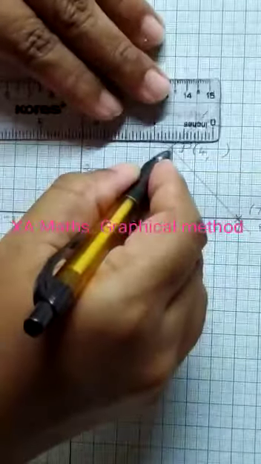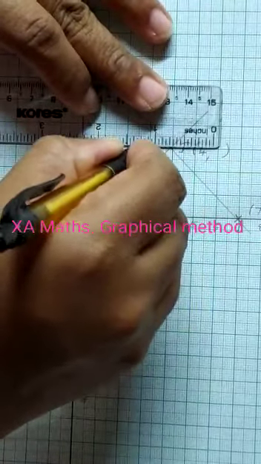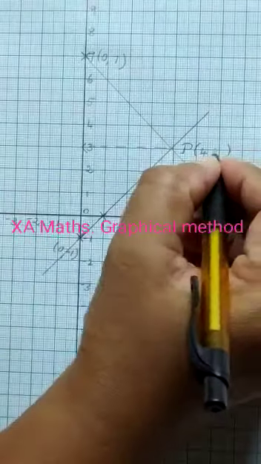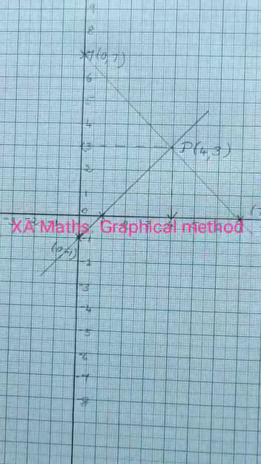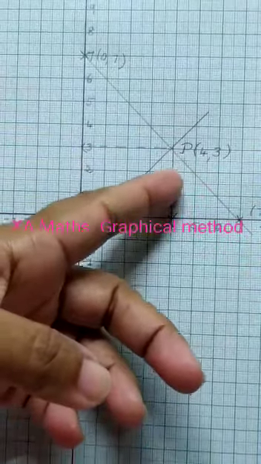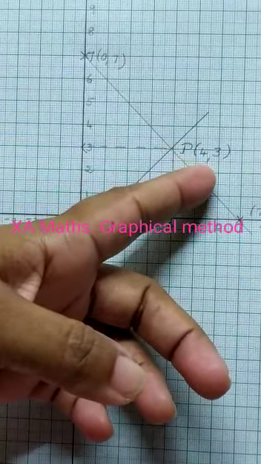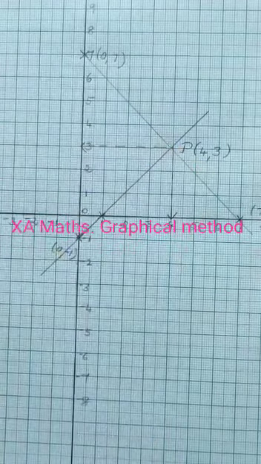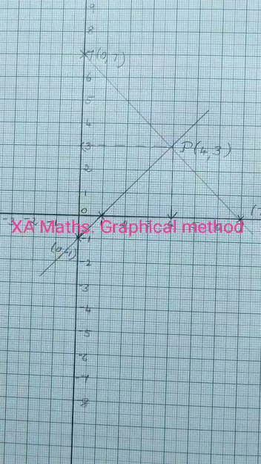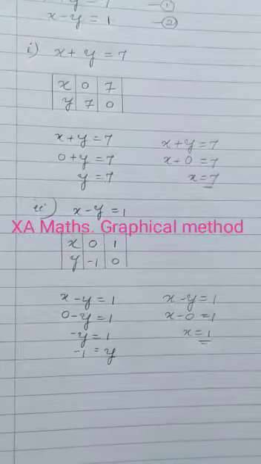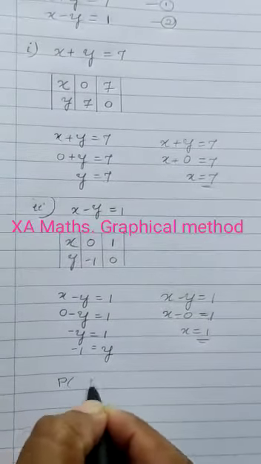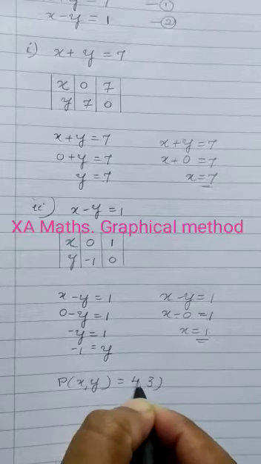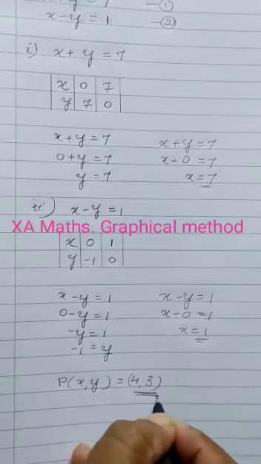Then on the y-axis it touches here, which is point 3. So the solution for the given equations is P of 4, 3. We can write this as P of x, y equal to 4, 3. This is the x value, this is the y value.